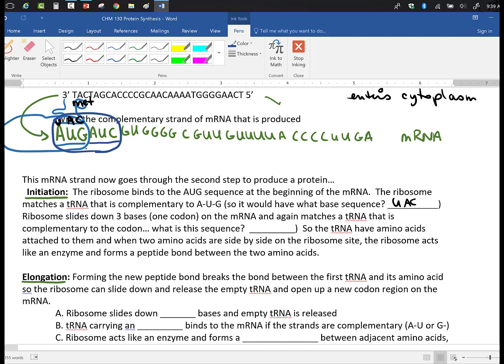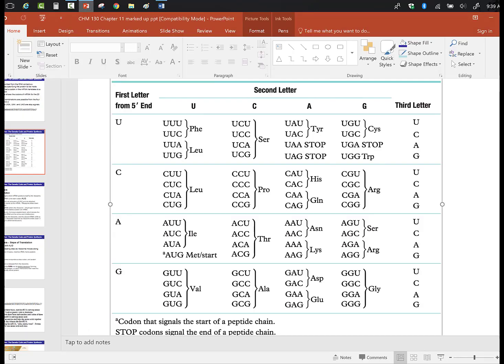The second one's AUC. So look back at your code. What's the amino acid that AUC would be carrying? What's the abbreviation for it? ILE, right here, a couple up from the other one. That stands for isoleucine.